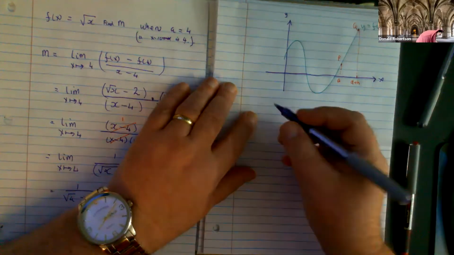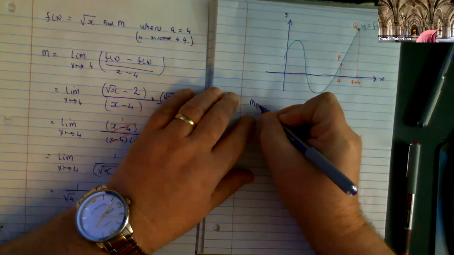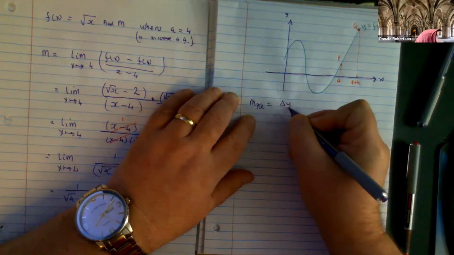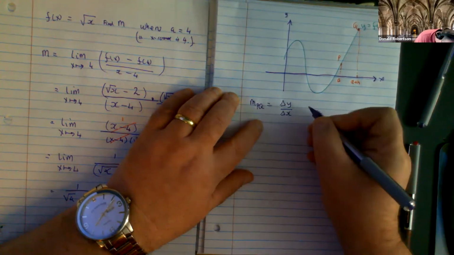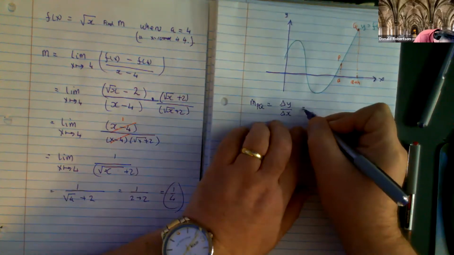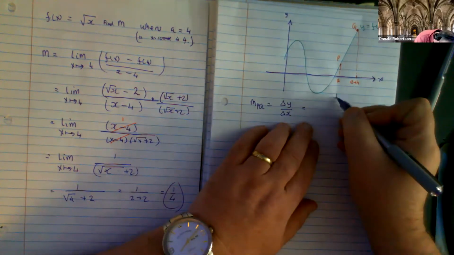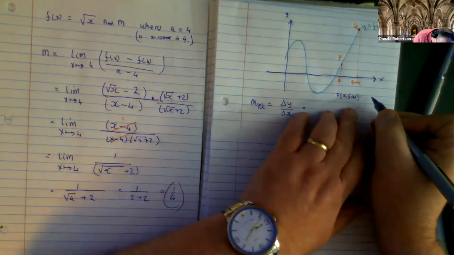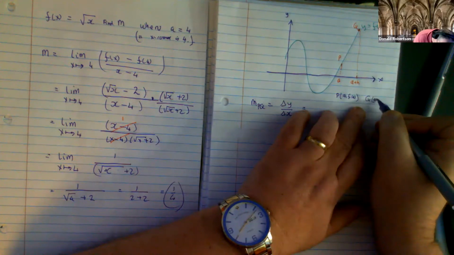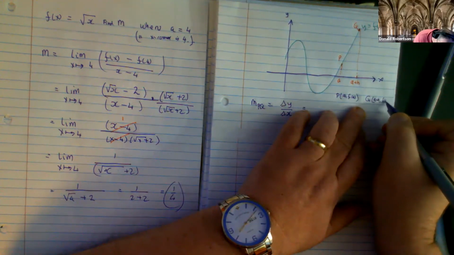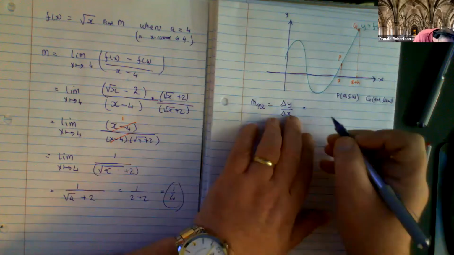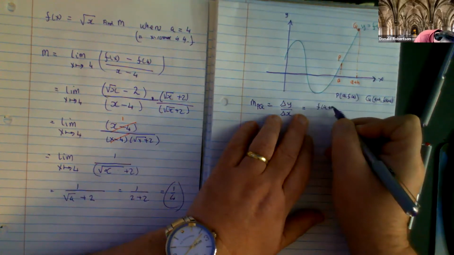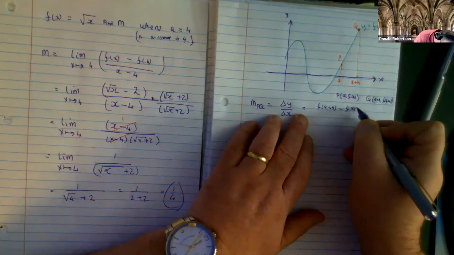In slope, we have the slope joining P and Q together is the difference in the y's over the difference in the x's. In this case, P will be a, f of a, and Q will have the coordinates a plus h, f of a plus h. So the difference in the y's is this, take away that. So f of a plus h, take away f of a.